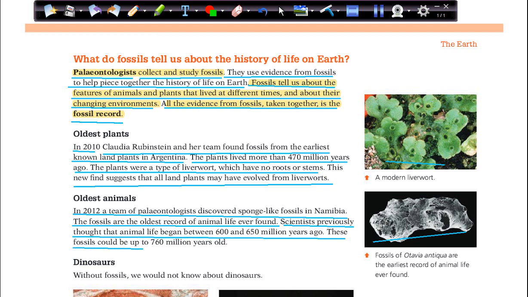These fossils could be up to 760 million years old. So from studying this fossil, Otavia antiqua, this was the earliest record of animal life ever found on Earth, and they suggested that these fossils could be up to 760 million years old.